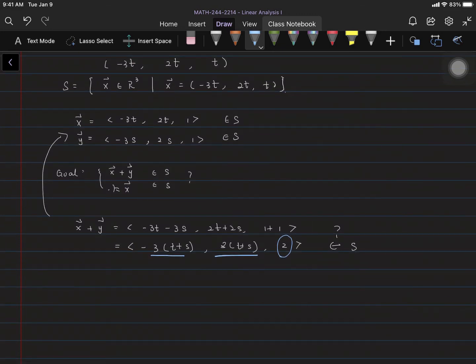But the last component is number 2, so it doesn't belong to S. So in this case, we can say any two vectors in S, when we add them, go outside of this set. So S is not a subspace. Right? So this is the first example.